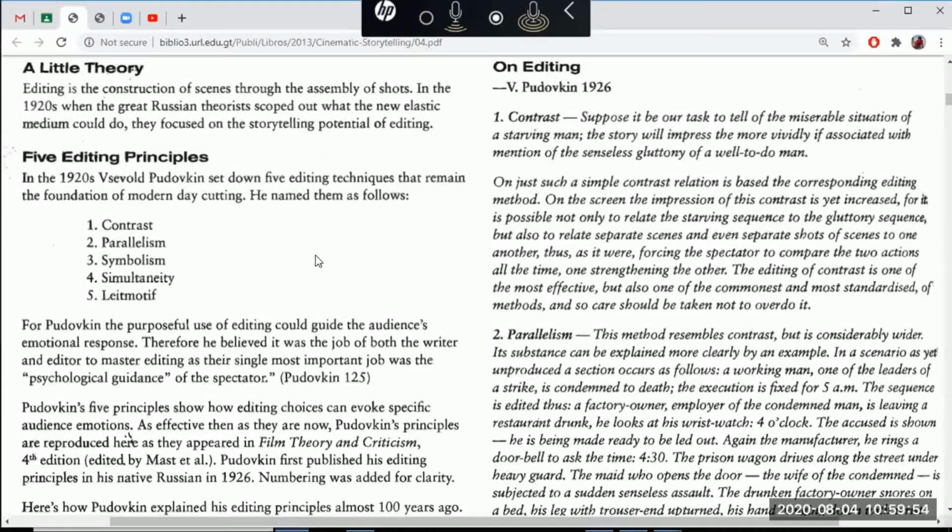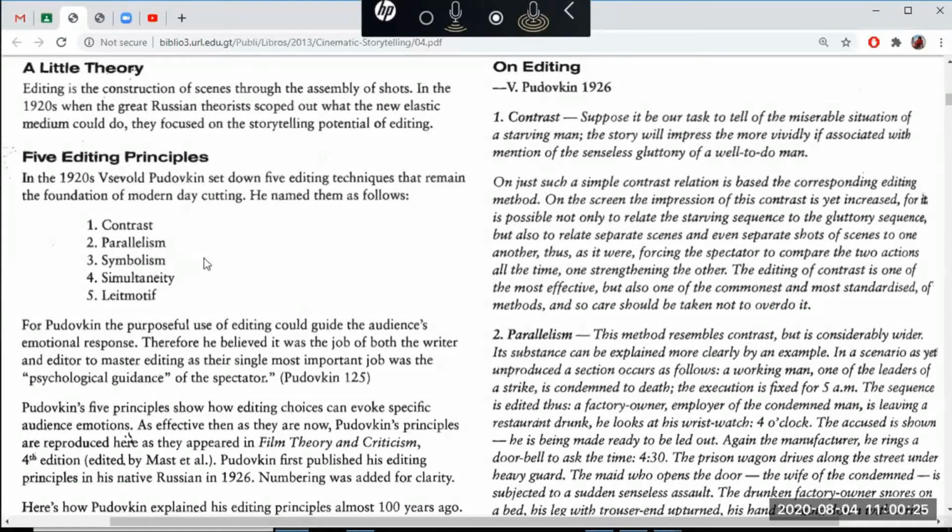It's important to understand the difference between parallel action and simultaneous action, because both show different scenes, but in parallel action, the time of those scenes is not simultaneous. So parallel action shows intercutting between two different scenes, but the time is not constant in either.